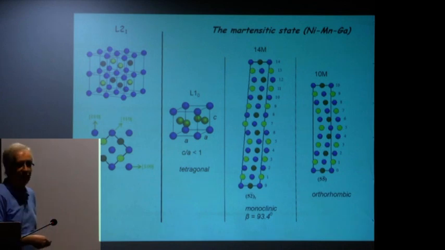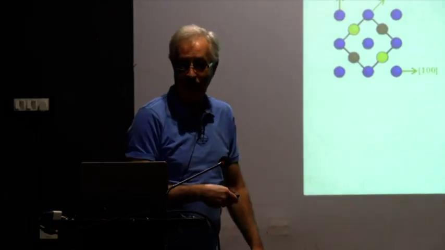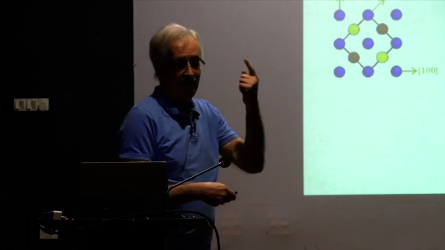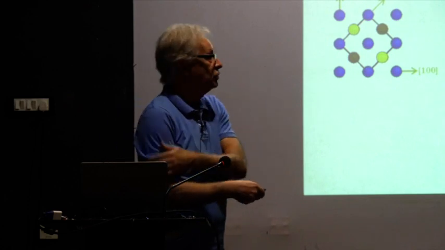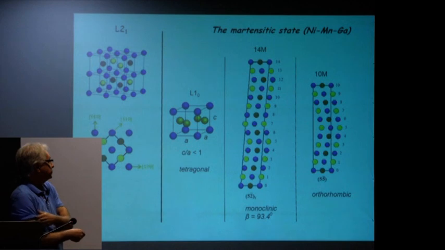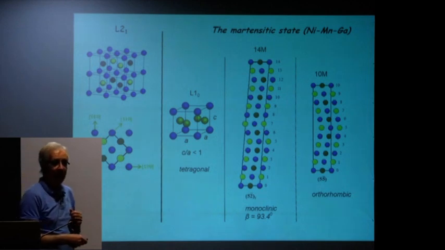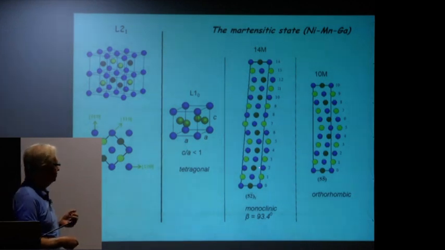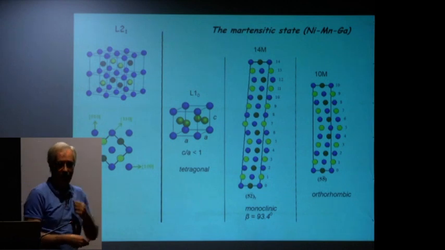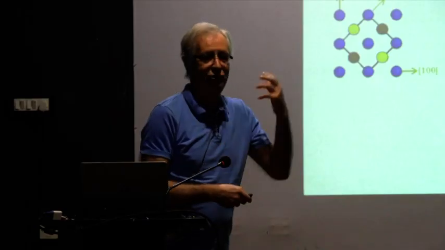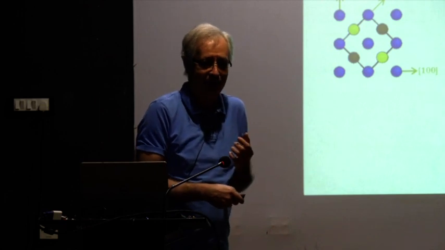I'll just point my arrows in one direction and somehow I'll find some axis where I can get a ferromagnetic component. So that's not too bad. But if you try to build an anti-ferromagnet here, how would you do that? You can't do it.